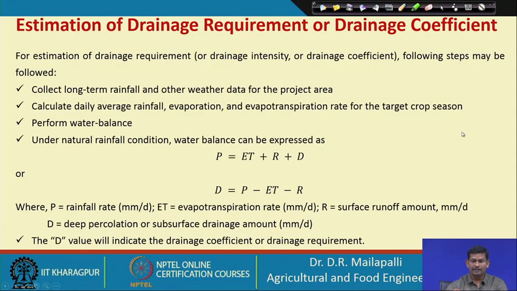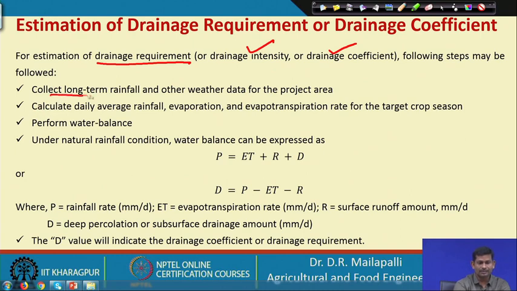Then after that, how to calculate the drainage coefficient using the water balance equation. For example, estimating the drainage requirement, which we also call by different names: drainage intensity, drainage coefficient. So, these steps may be followed.